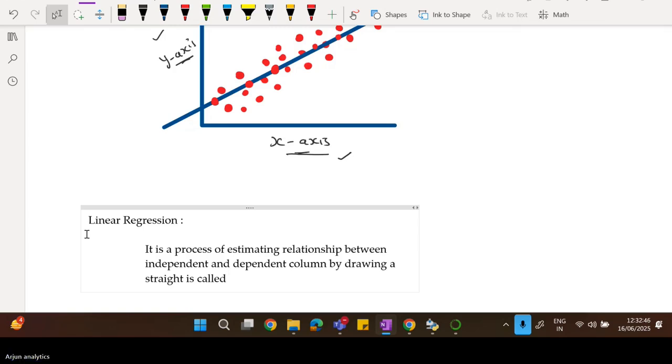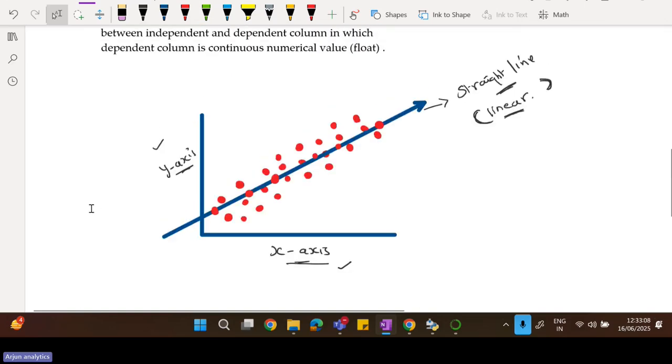It is called linear regression. Okay, now this is called linear regression.